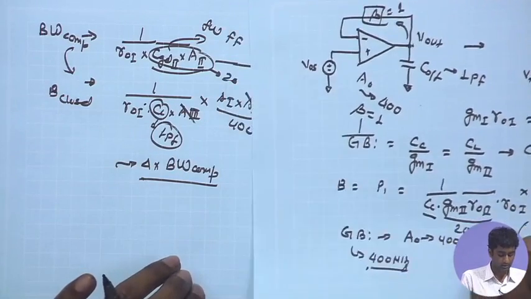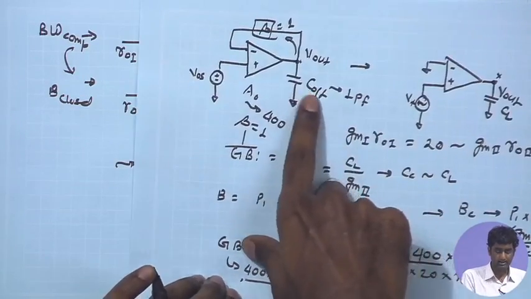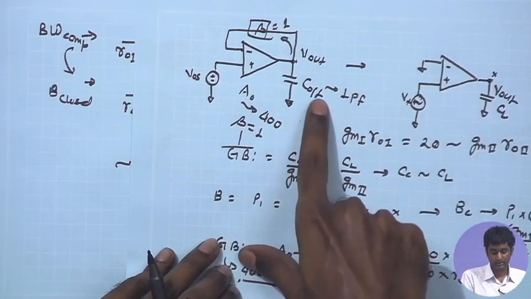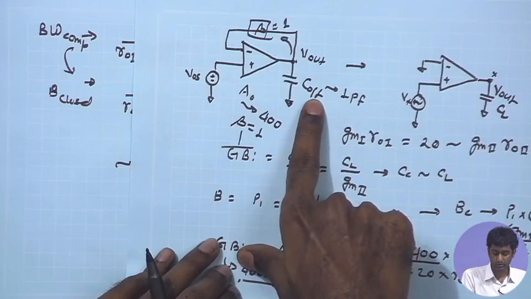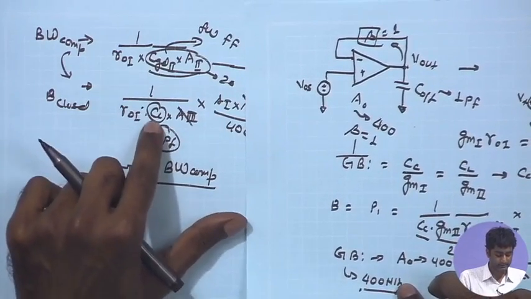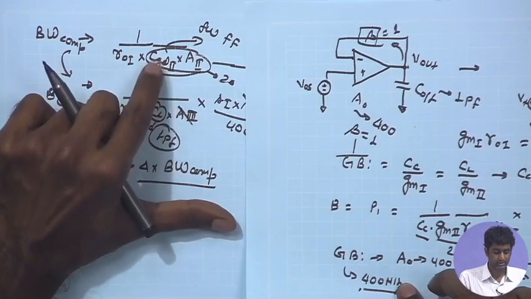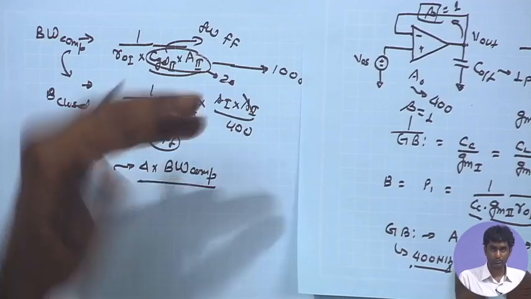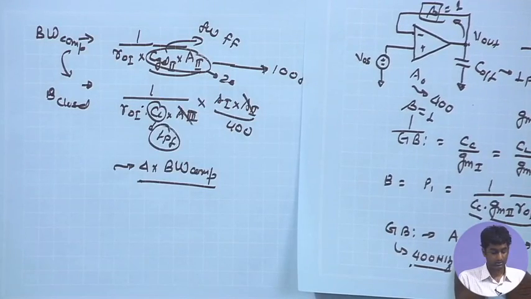However, suppose we go for a larger C off, where we have a larger precision requirement and we are forced to use a larger C off. Once CC, and hence the C off, becomes larger and larger as compared to the CGD, then this ratio will deteriorate and can go down as compared to the present value.